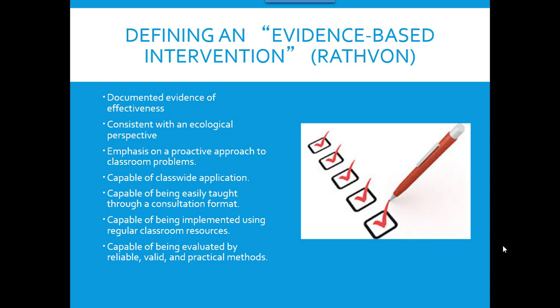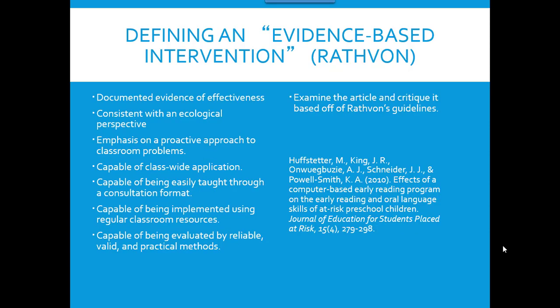So evidence-based intervention is talking about documented evidence of effectiveness, consistent with an ecological perspective, with an emphasis on a proactive approach to classroom problems. You can do it classroom-wide, ideally, and you can easily teach it, you have the resources for it, and you're using data collection methods that are sound.